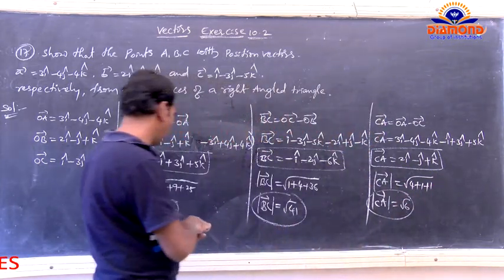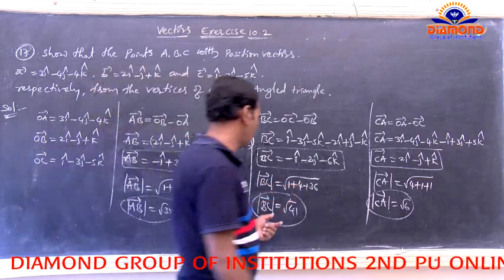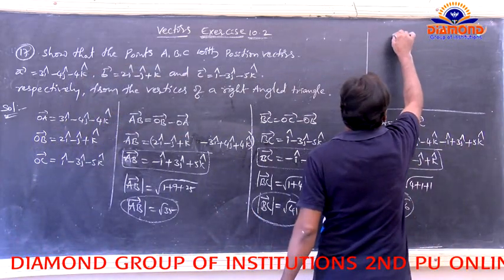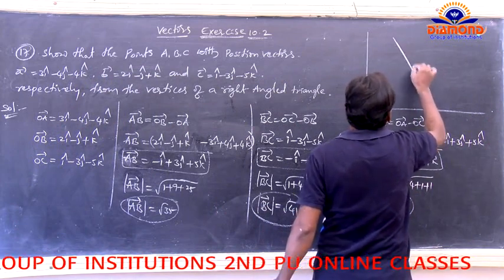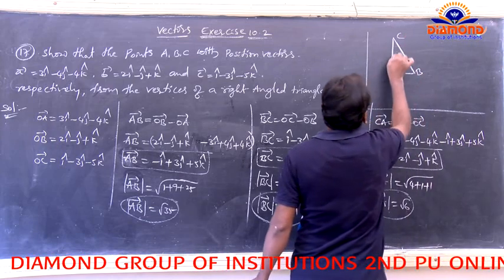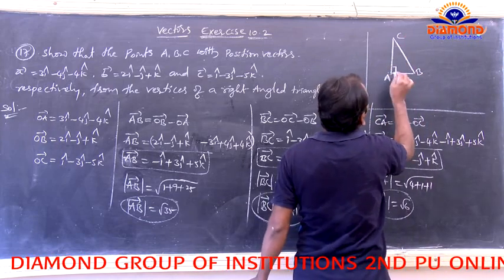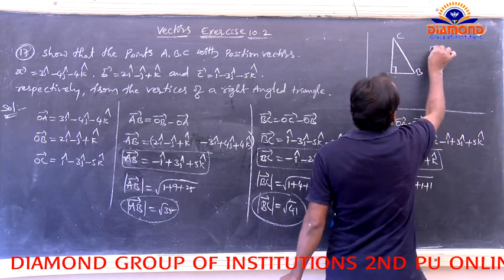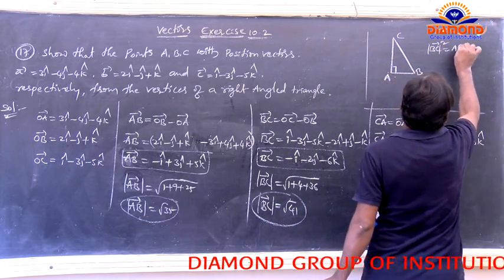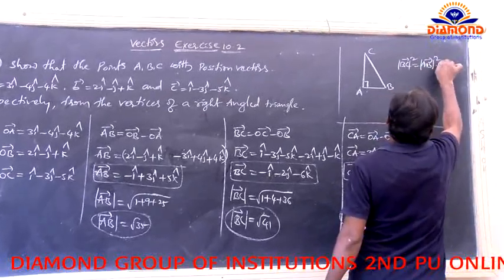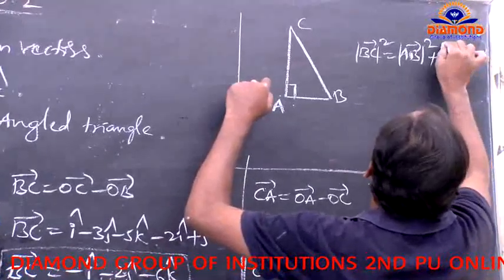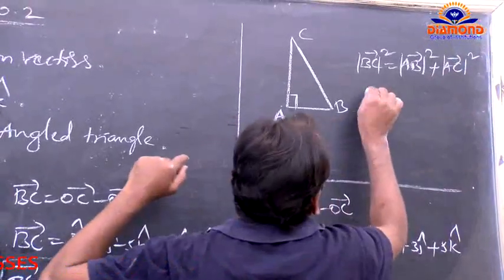So we have AB magnitude, BC magnitude, CA magnitude. The highest is BC, so BC is the hypotenuse and A is the right angle. BC magnitude squared equals AB magnitude squared plus CA magnitude squared.